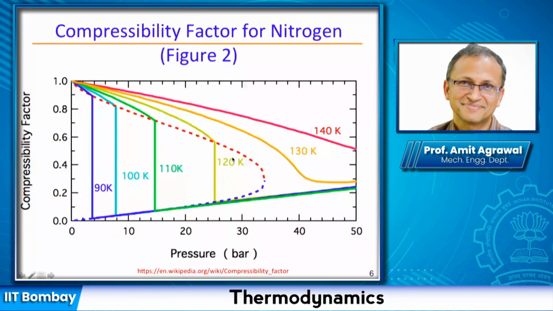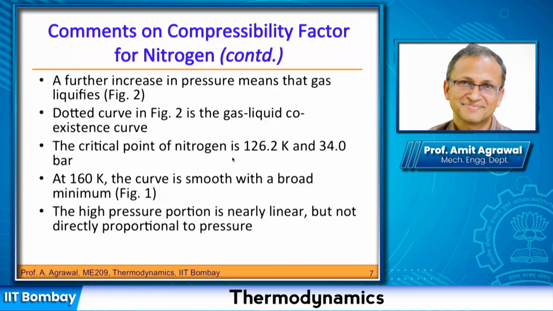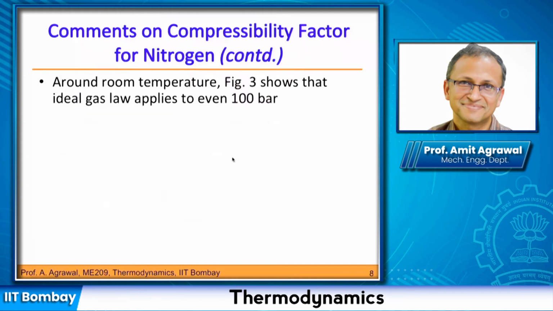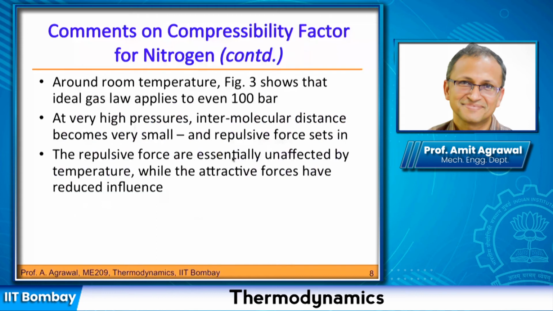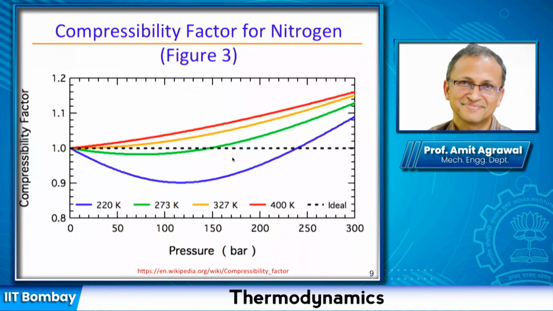So this is essentially what we had described earlier. I think we have discussed quite a bit. So these are all simple points that you can read. Now, let me show you the third figure here, which is now zoomed in on the vertical axis.